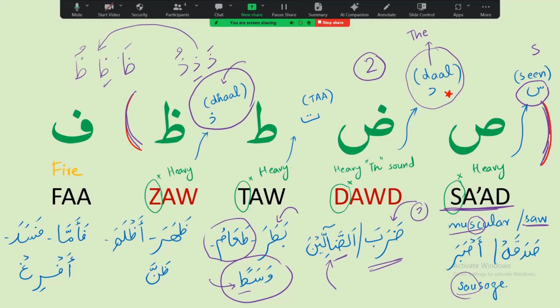So the process is the same, but one is light and the second one is heavy. This is the only difference. The first is empty mouth, the second is full mouth. Full mouth, I mean that we raise the back part of our tongue, and also the middle part as well as the back part of the tongue is raised. So for today we are doing lo, li, lu.